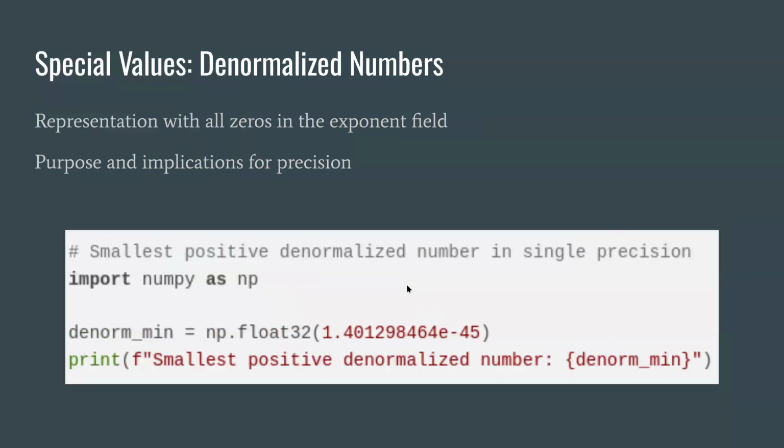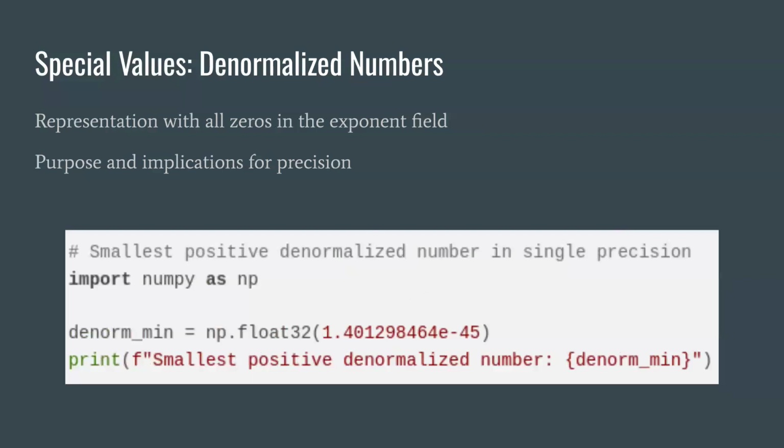Denormalized numbers, this is another special value. So denormalized numbers are used when the exponent field is all zeros. In this case, the implicit leading one is replaced with a zero, allowing the representation of numbers closer to zero than normalized numbers.